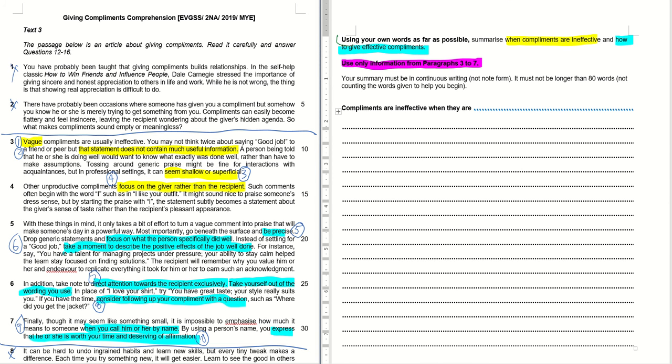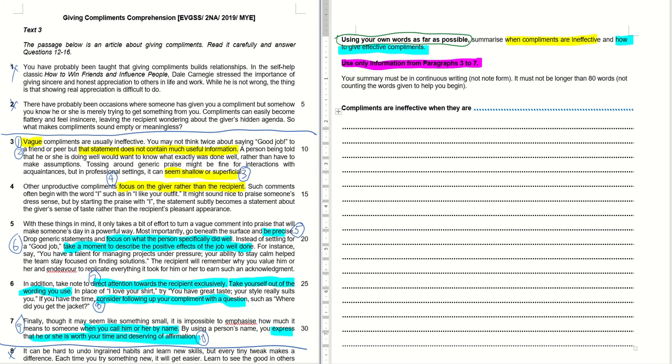Do you see that? Okay, so I'm going to walk you through how I try to use my own words as far as possible when I am doing summary.